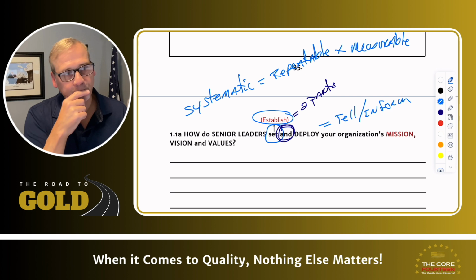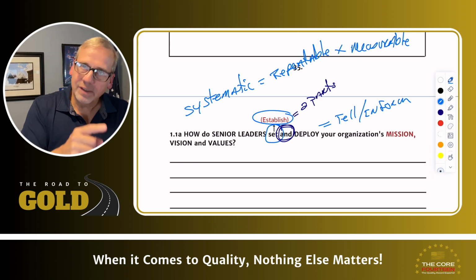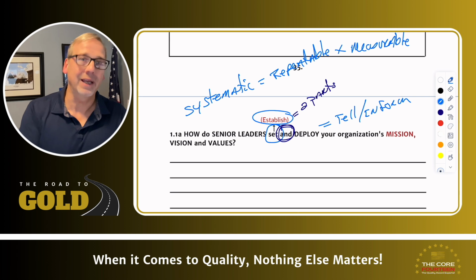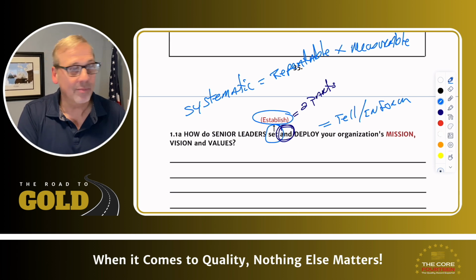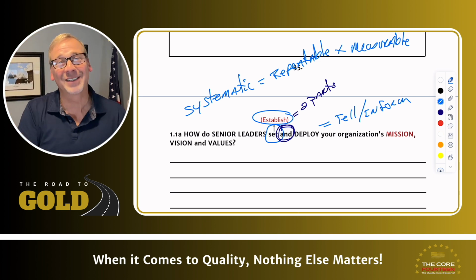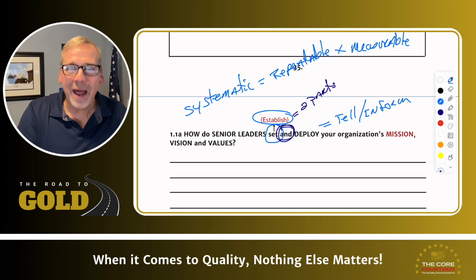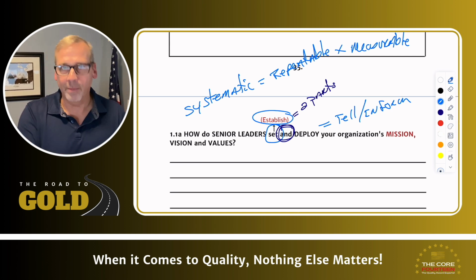And then we also have annual in-services, and one of those in-services includes going over the company rules and regulations, i.e. the company handbook, the employee handbook. And what's the first thing we go over in that in-service every year? You guessed it, the mission, the vision, and the values. And that is a systematic way for us to know that we are able to establish our mission, vision, and values.